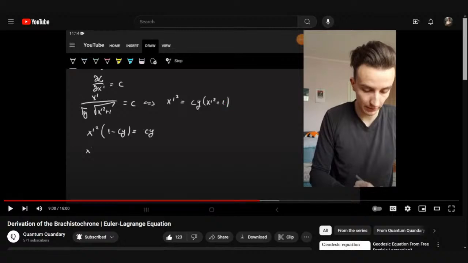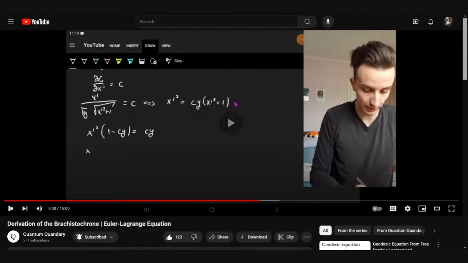What is 1 minus cy? Where's that from? X prime squared makes sense. Cy squared makes sense. He took x prime squared plus 1 and should have divided by it, but instead he's multiplying by 1 minus cy.